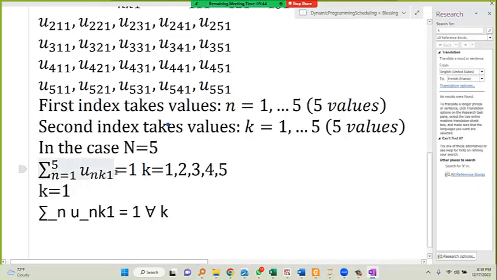What is this constraint when k equals 1? When k equals 1, you're taking the sum from n equal 1 to 5 of u_nk1, so always the second index is 1.